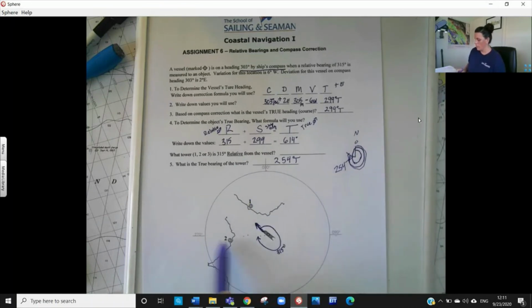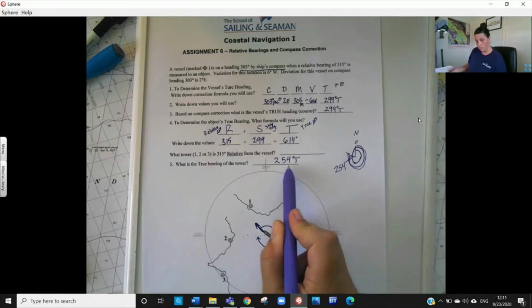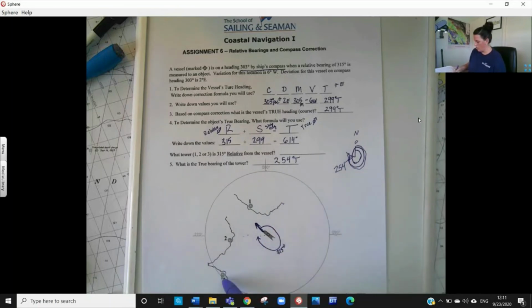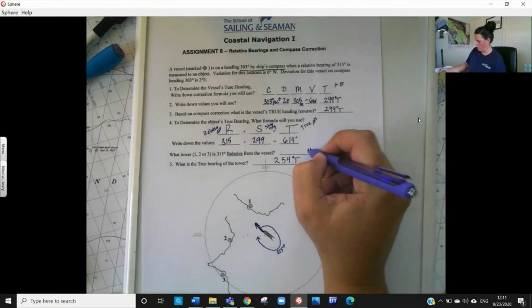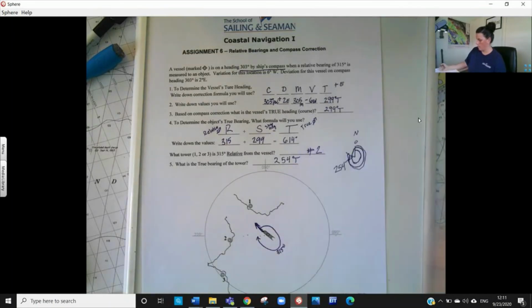Tower 2 is just shy of 270, so it could be what we're looking at. We're almost at 260. And then tower 3 is going to be somewhere between 180 and 270, so kind of in between 3 and 4 here. And our answer, between 2 and 3, is number 2.